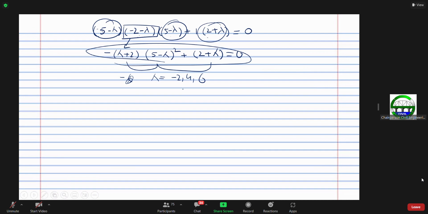You can solve the quadratic equation by factorization, with the quadratic formula, or any other method. Even calculators these days have a function for solving equations like the third-degree equation, and they will give you the answer. So this is how we calculate the lambda values.